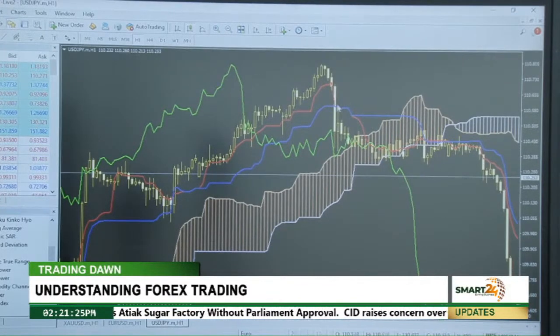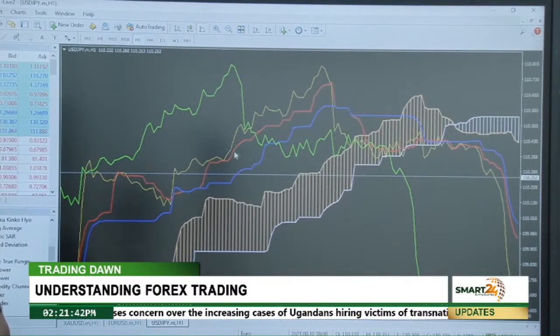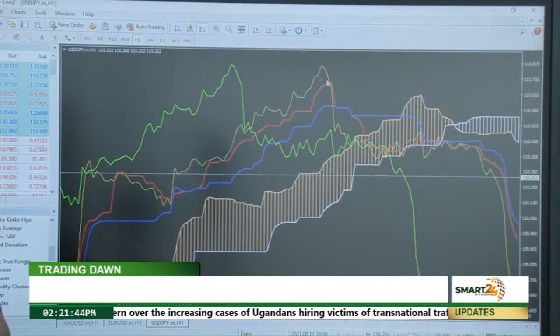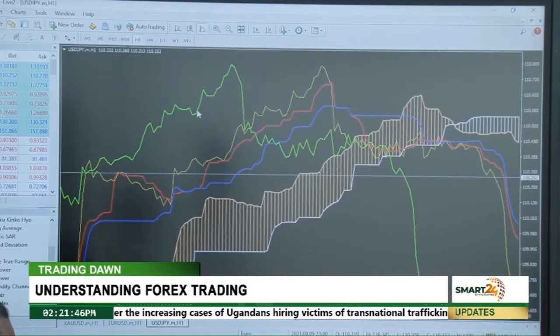One way to see how this line looks and how it is being mimicked is to turn your chart from the candlestick chart into the line chart.